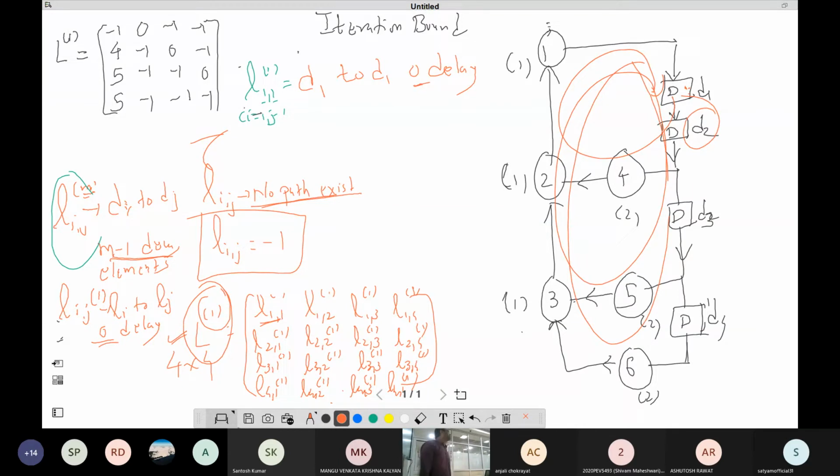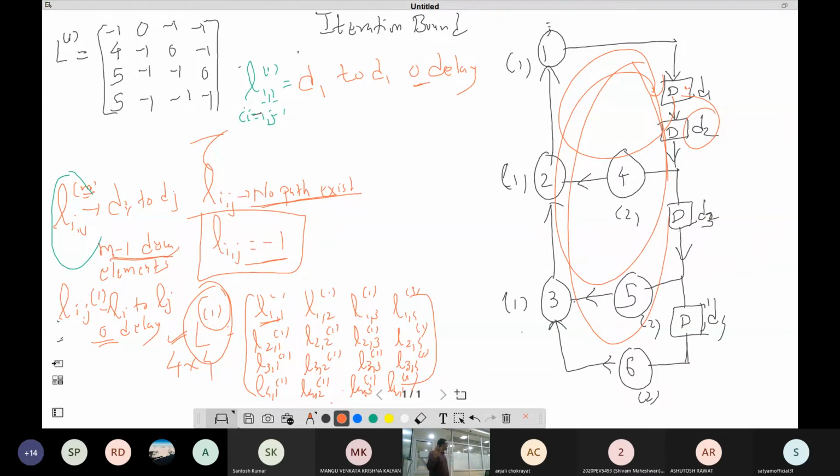See, for a matrix I need to define some value. When I define 0, it says that a path exists but the delay is 0. So just to denote that no path exists, I want to represent it with some number. That's why minus 1 is written.